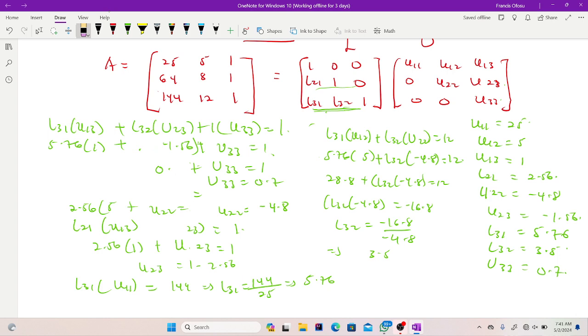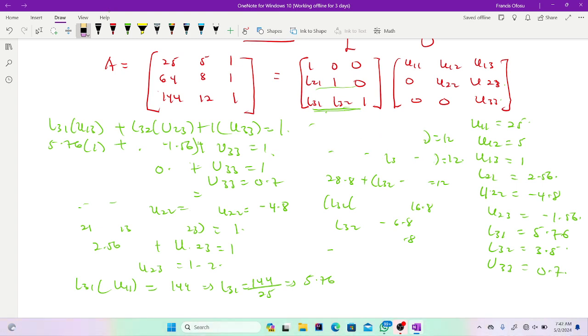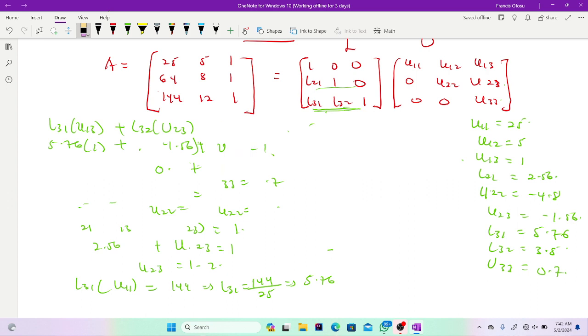I'll write my matrix here so that you see the LU decomposed form. My L is simply equal to 1, 0, 0.